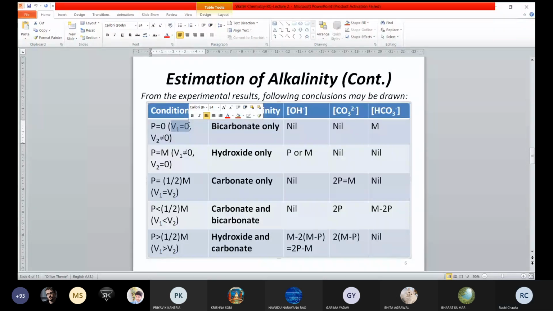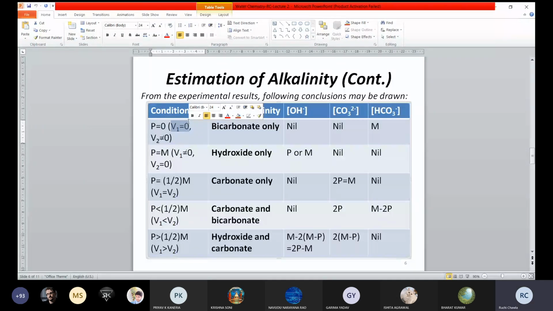So even after adding phenolphthalein, if the water sample remains colorless, that will mean that V1 is equal to 0. You would simply note down V1 is 0 because no pink color was observed.